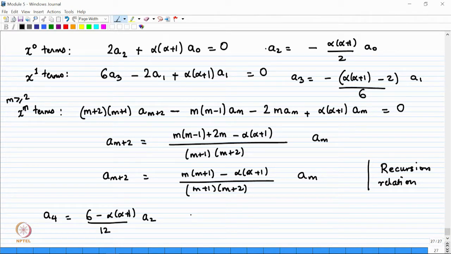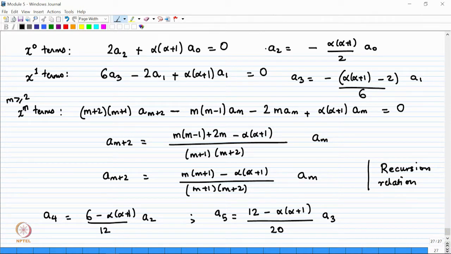I can write a_5, which means m equal to 3, as (3 into 4, that is 12, minus alpha plus 1) divided by (4 into 5, that is 20) times a_3.